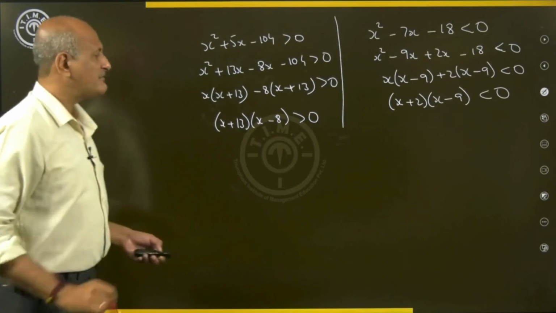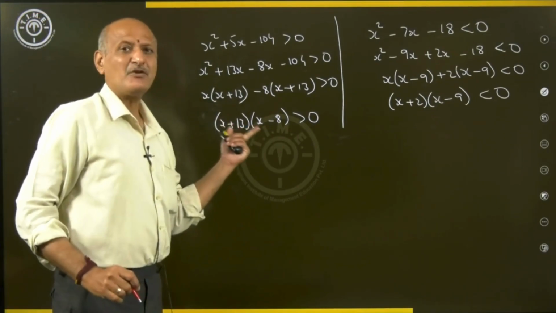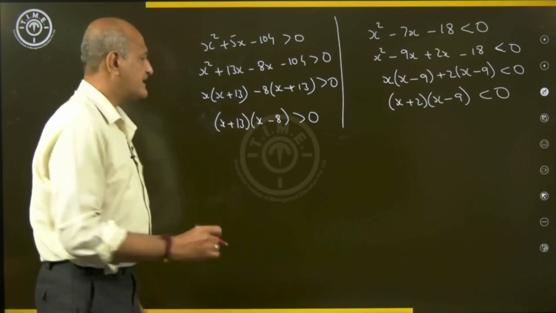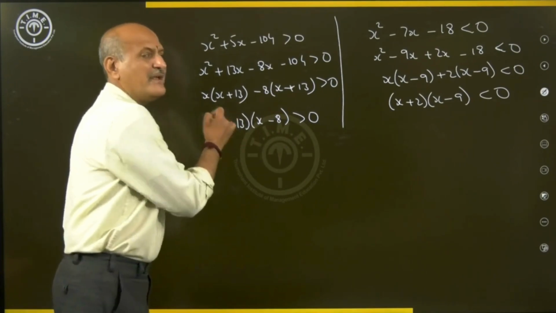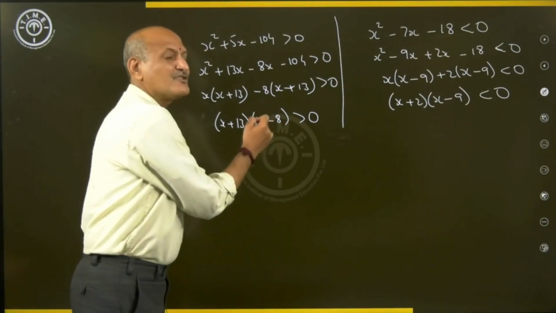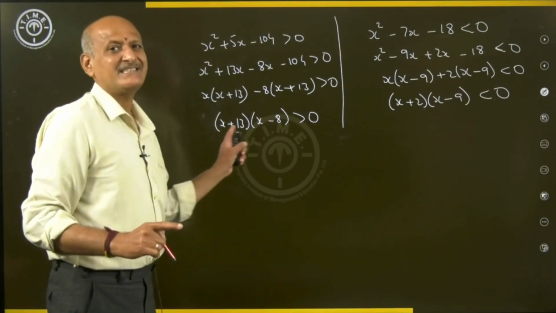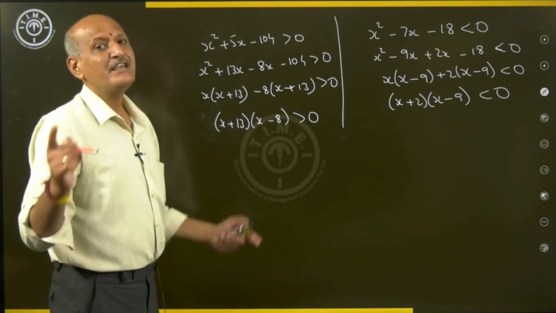Now, from these quadratic expressions, the critical points are minus 13 and 8. When will this factor become 0? When x equals minus 13. When will this one become 0? When x is equal to plus 8. That means when x is 8 or minus 13, this quadratic expression becomes 0.